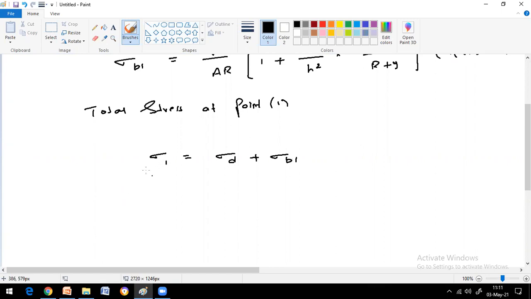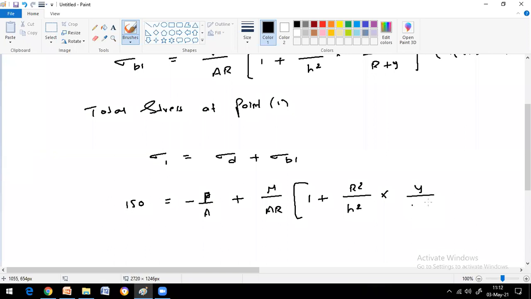What is the stress given which is under tension? 150, already given in the problem. Minus P by A. Why minus P by A? Because it is under compression. Plus sigma b1, M by A R of 1 plus R square by h square into y by r plus y. So it is positive only. Why? Because it is under tension.